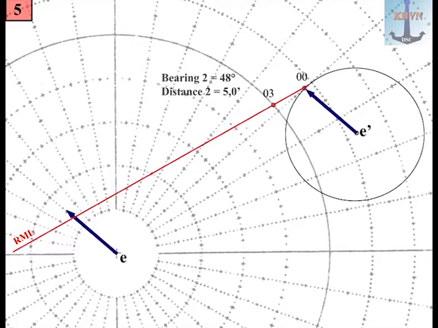Step 5. At the 6th minute, take the third bearing and distance, and the third and last point of the 6-minute vector triangle, point 6, is set. The line through points 0 and 6 gives the final RML, relative motion line.